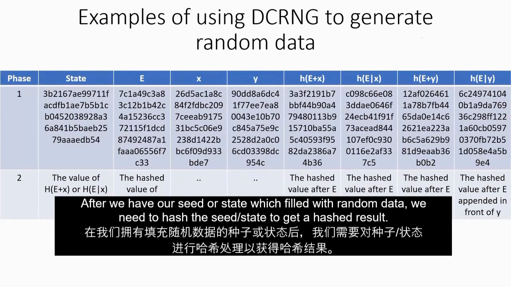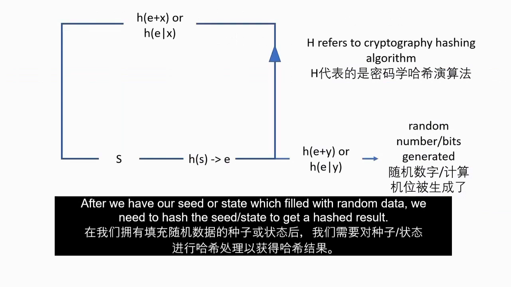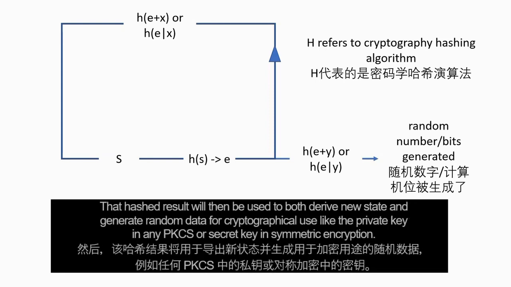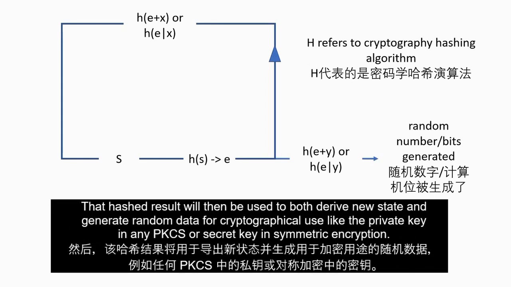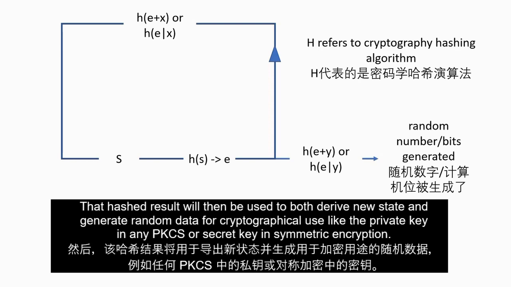After we have our seed or state, which is filled with random data, we need to hash the seed or state to get a hash result. That hash result will then be used to both derive the new state and generate random data for cryptographic use, like the private key in any PKC or secret key in any symmetric encryption.